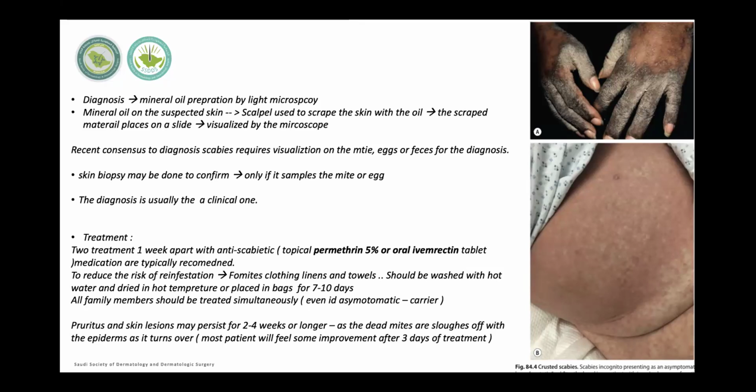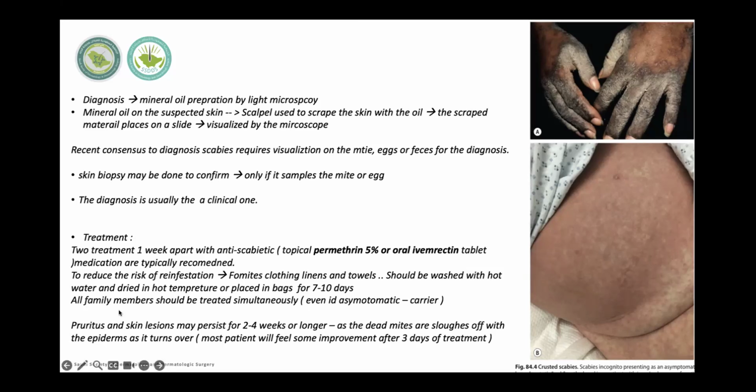It's very important to keep in mind that to reduce the risk of reinfestation, you either get rid of your clothing and towels, or wash them with hot water and dry at a hot temperature, or place them in bags for 7 to 10 days. As we said, they can live up to 7 days outside humans, so you have to keep these bags placed outside for longer than this period, so all the mites die.